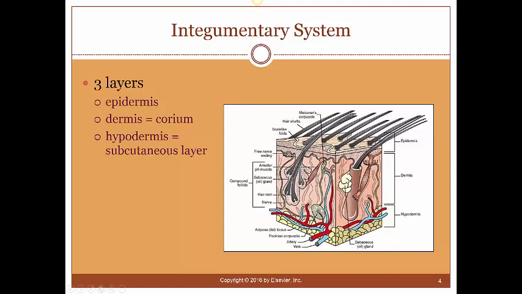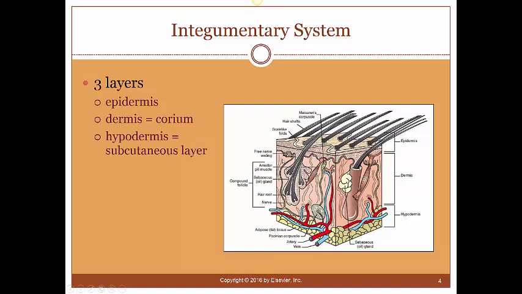And this is all epithelial cells. Some of the epidermis actually goes down into the dermis where we have the hair follicles. So even things like your hair shaft and hair follicles are actually part of the epidermis.